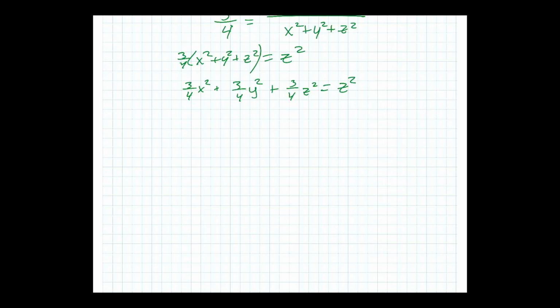Then you can move this over by subtracting z squared. You get 3/4 x squared plus 3/4 y squared plus 3/4 z squared minus z squared is negative 1/4 z squared equals 0.